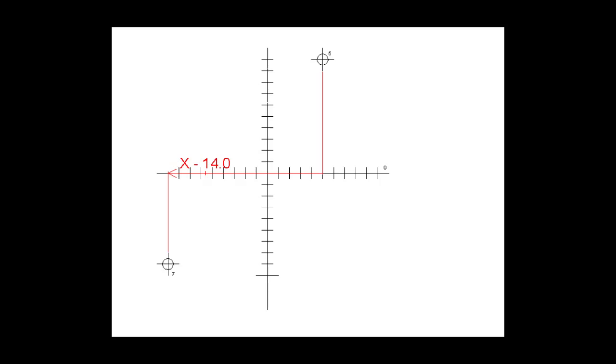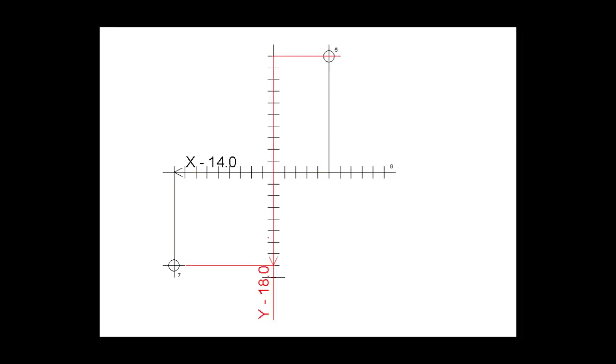As we count those hash marks, we are counting the distance and the direction from point 5 to point 7 along the x-axis. In this particular case, we'll have counted X minus 14, or 14 hash marks in the X minus direction. Now we're going to do the same thing for the y-axis. We're going to start at our circle and go over to the y-axis.